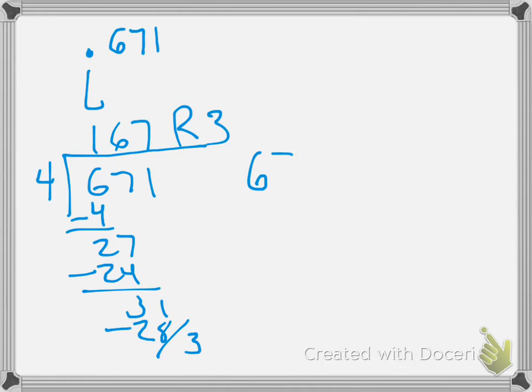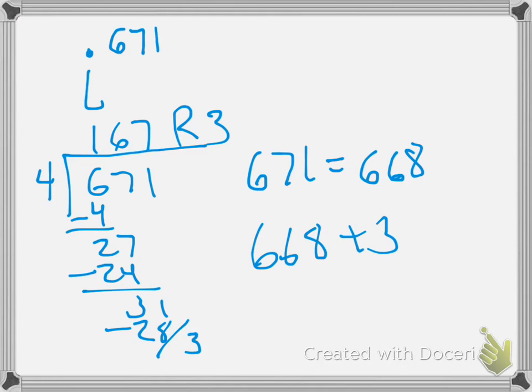671 minus 3 is 668. Why do I care about that? Because 668 plus 3 is going to be 671, but the key point is that 668 is divisible by 4. So if I raise i to the 668th power, then I know, since 668 is a multiple of 4, that that's going to be 1.